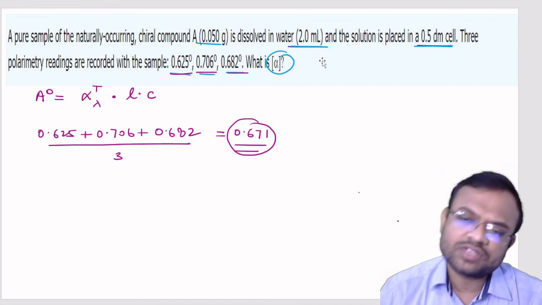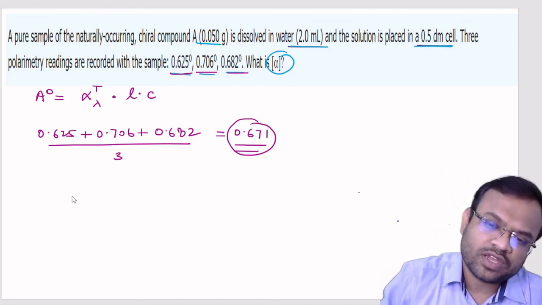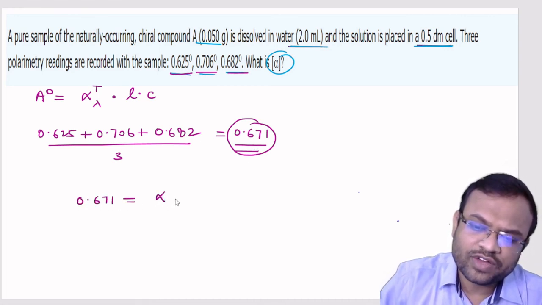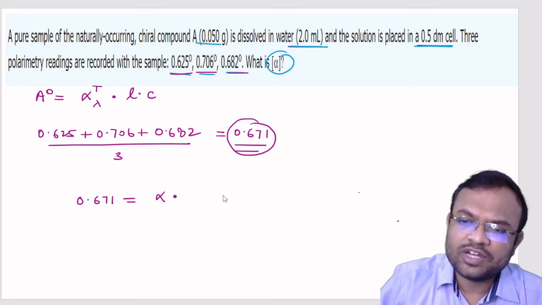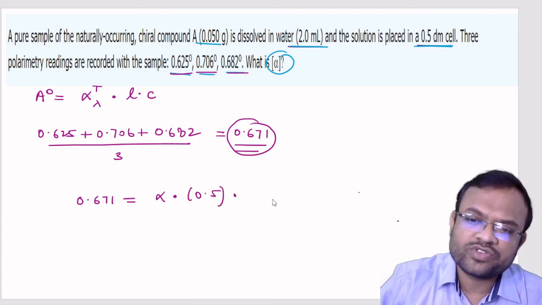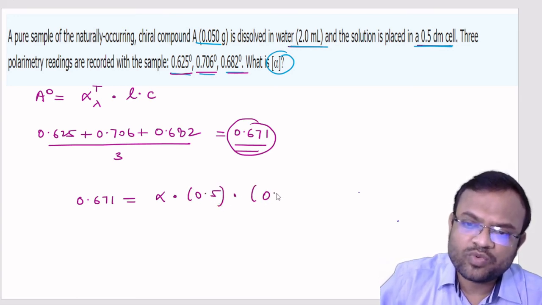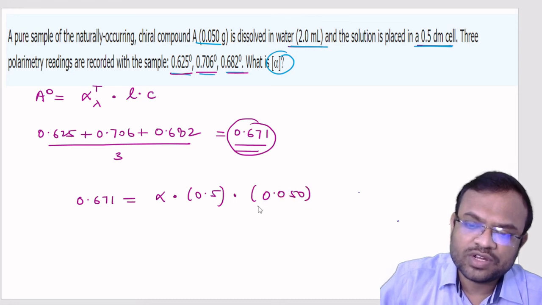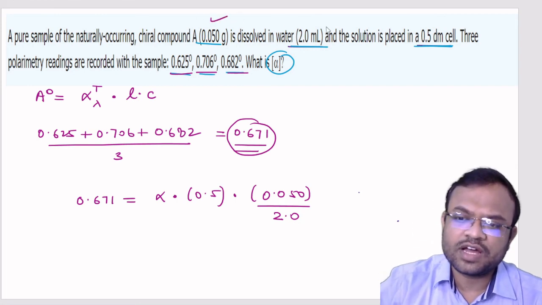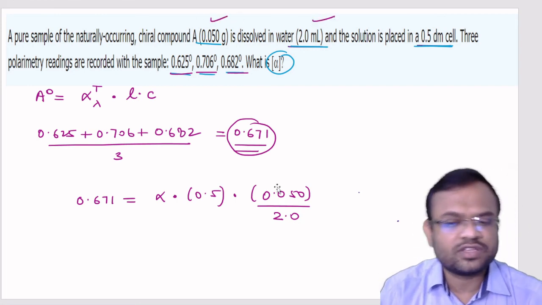Now let us put everything in the formula. A, that means 0.671, is equal to alpha into C into L. L we already know is 0.5, and C we know should be 0.050 divided by 2.0, because it is in gram per ml, so you can directly use this in the formula.